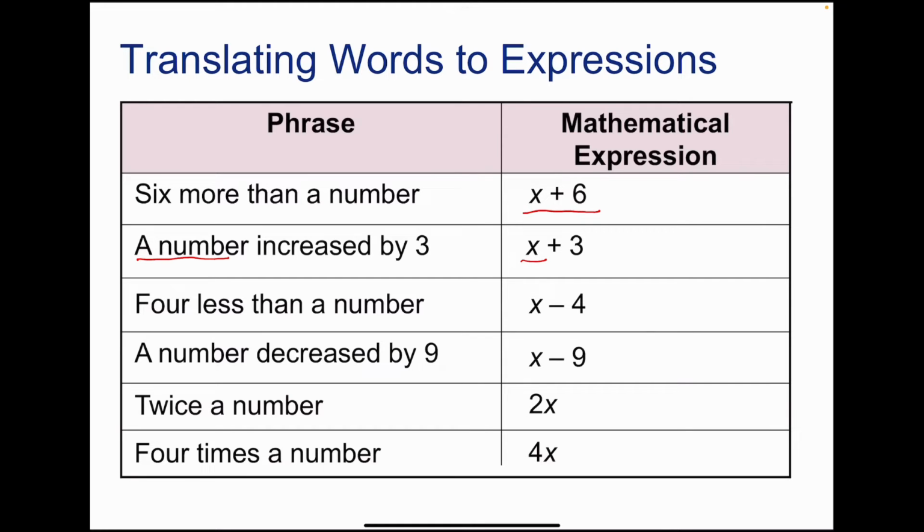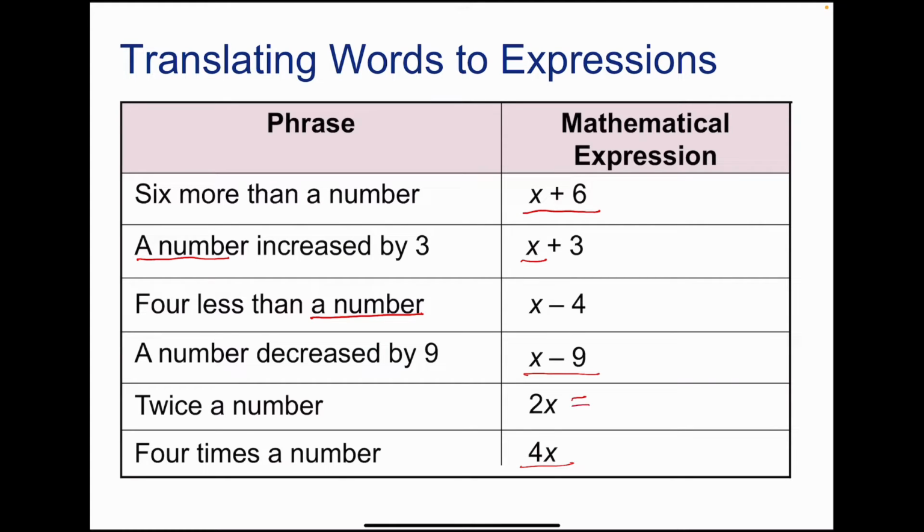4 less than a number, again, a number is x, and you have a value 4 less than that x, so it should be x minus 4. A number decreased by 9, so you subtract 9 from that unknown number. Twice a number, meaning 2 times the number x. 4 times the number, of course, 4x.